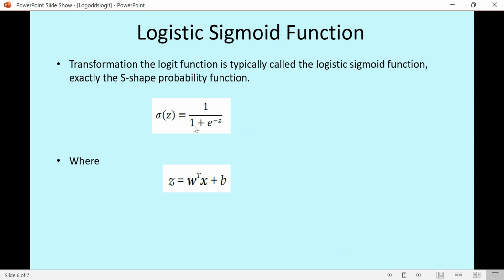And why do we write sigma Z? Because sigma Z is a transformation from a linear function to a nonlinear expression. Z is linear, while sigma Z is nonlinear, and sigma Z is the probability of the positive case.